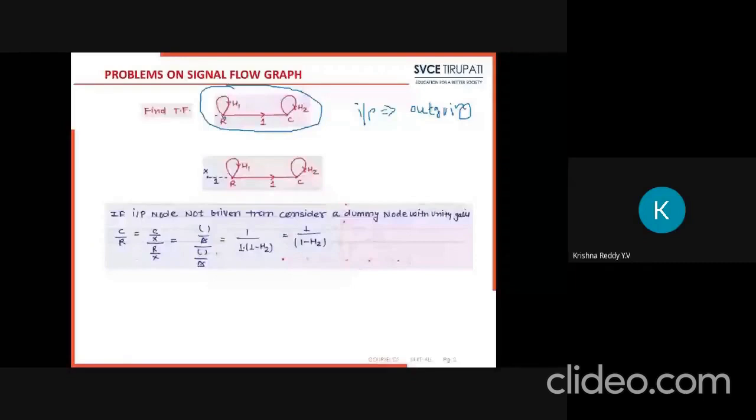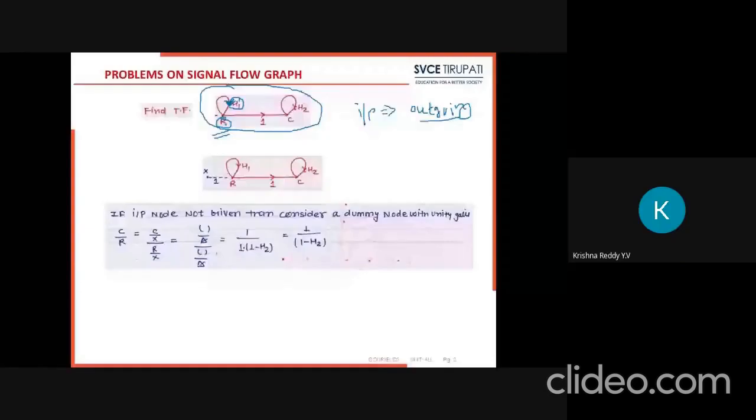If we consider this R node as input, it has an incoming branch H1. That's why we could not consider R as the input. For that purpose I consider one fictitious or imaginary node X as the input with the gain 1.